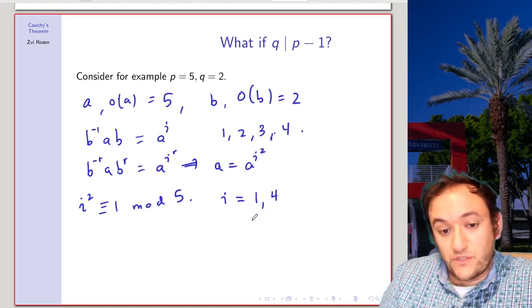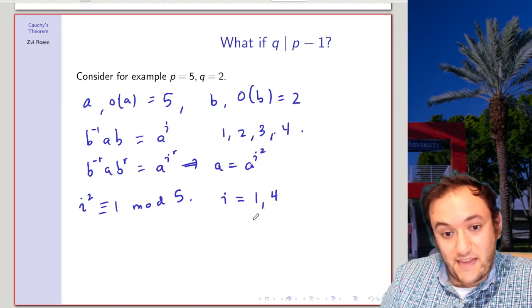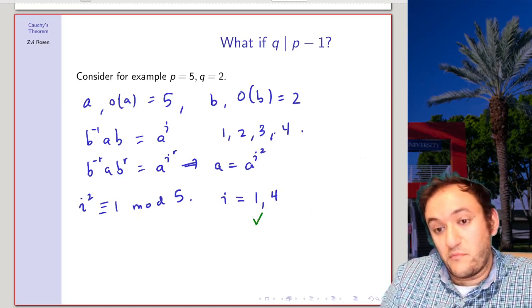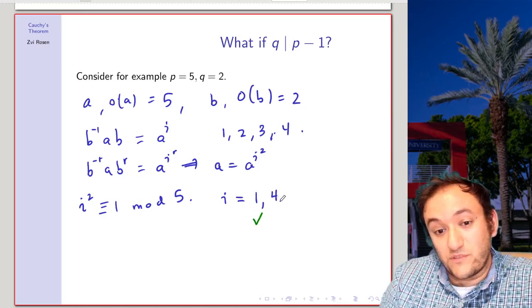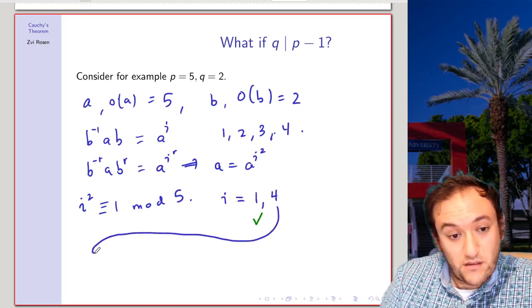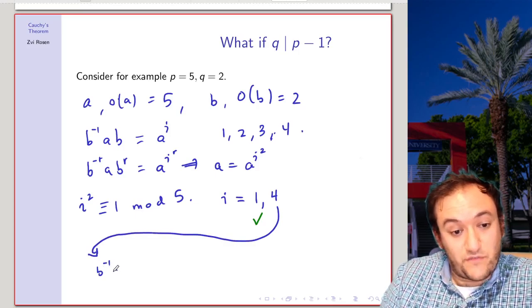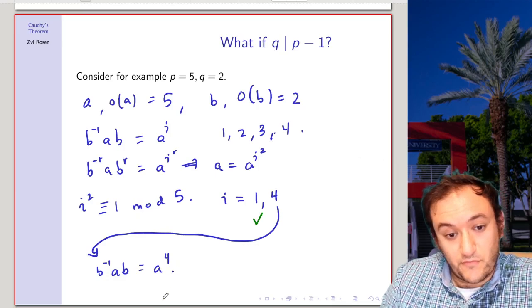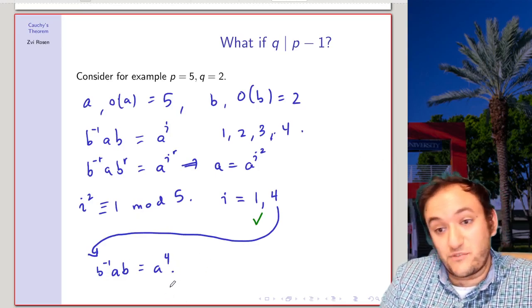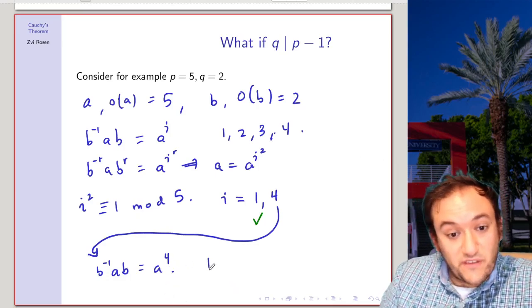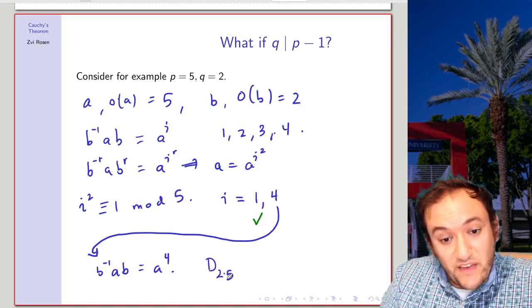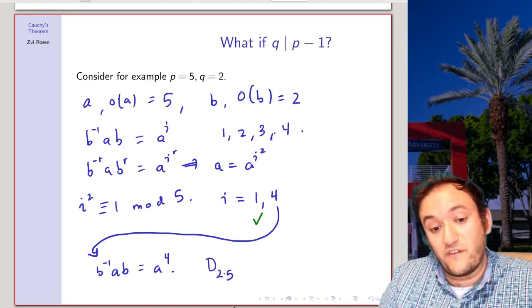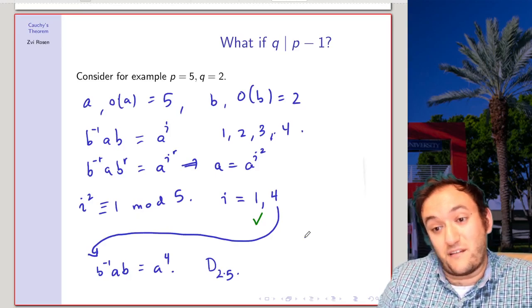If I is equal to 1, that means that A and B commute. But if I is equal to 4, we have the relation B inverse AB equals A to the 4th. And indeed, this is a valid description of a group, specifically the group D2 times 5, the group of symmetries of a regular pentagon.